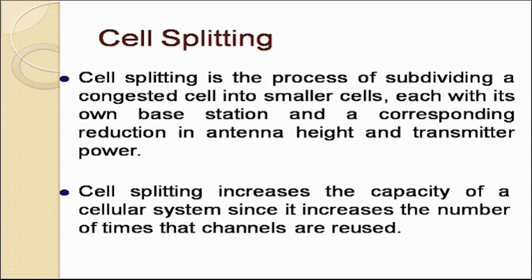Here the cell is divided into smaller cells, each has its own base station, and the antenna height and transmit power are also reduced. This is the general concept of cell splitting. Cell splitting increases the capacity of the cellular system since it increases the number of times that channels are reused. It is like the frequency reusing process.